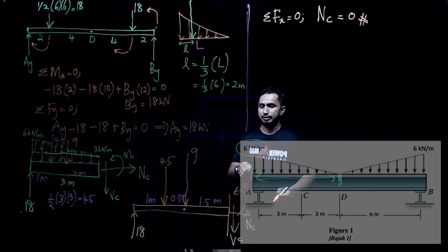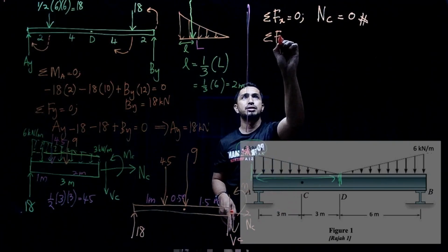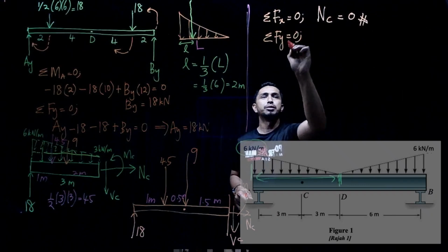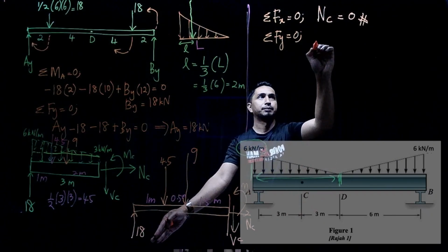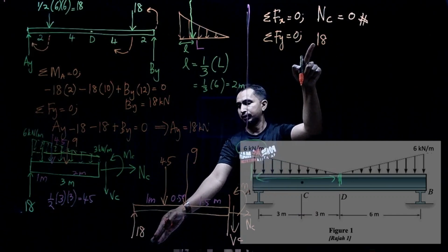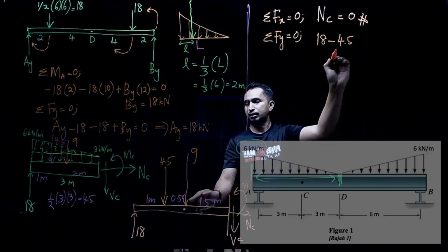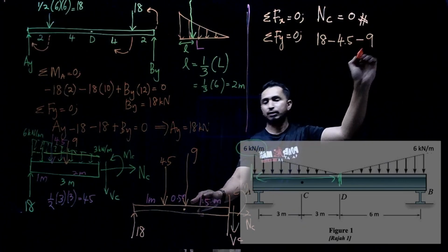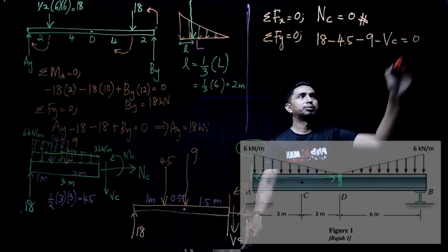Second one, VC. VC is in the y direction. Fy equal to 0. We have 18 going up, plus, then we have 4.5 going down, minus, 9 minus VC equal to 0.